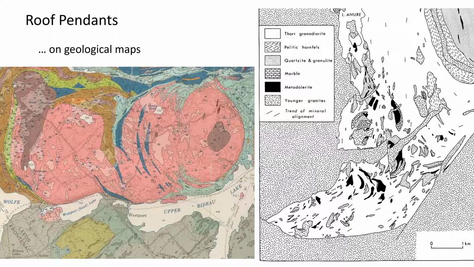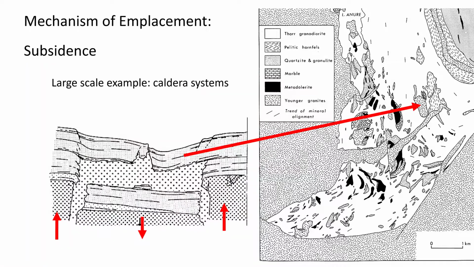Roof pendants can form simply through erosion, and depending on where the erosional processes are with respect to time, they may be in their original place with respect to the geometry of the intrusive body. However, there's an alternate mechanism of emplacement, which is called subsidence.